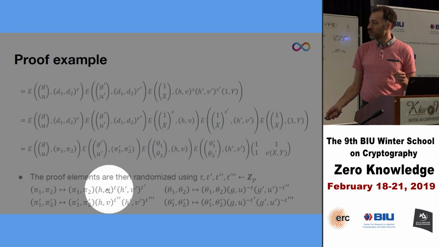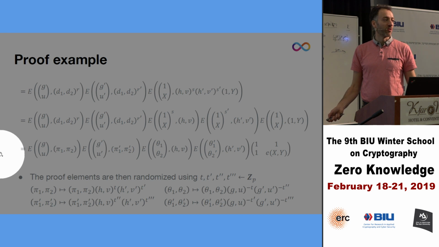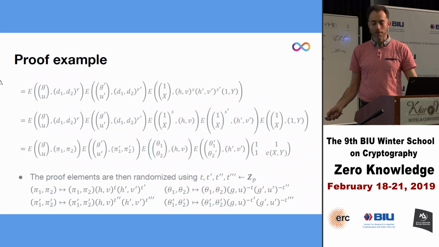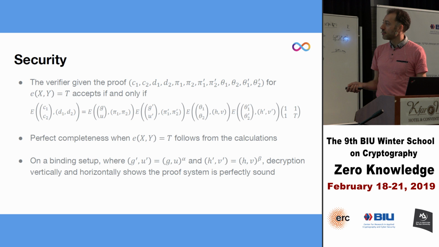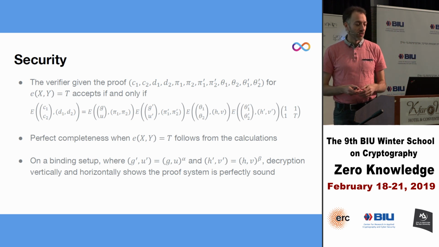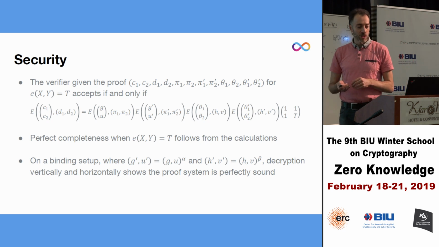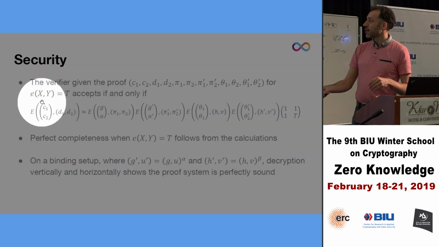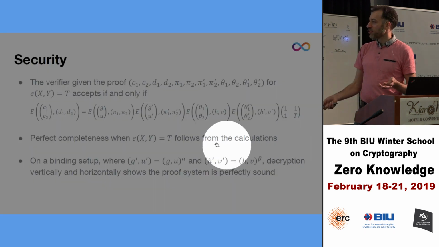Okay? And those are randomized proofs is what the prover will send to the verifier along with the commitments to the X and Y. And the verifier, when it sees these commitments and it sees these proof elements, it will plug them into the verification equation and accept if everything matches up with respect to the target element T. So again, perfect completeness.